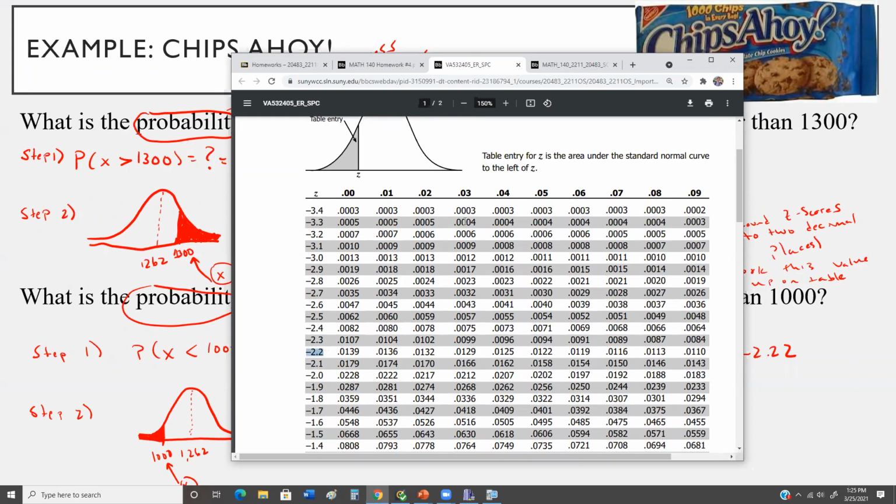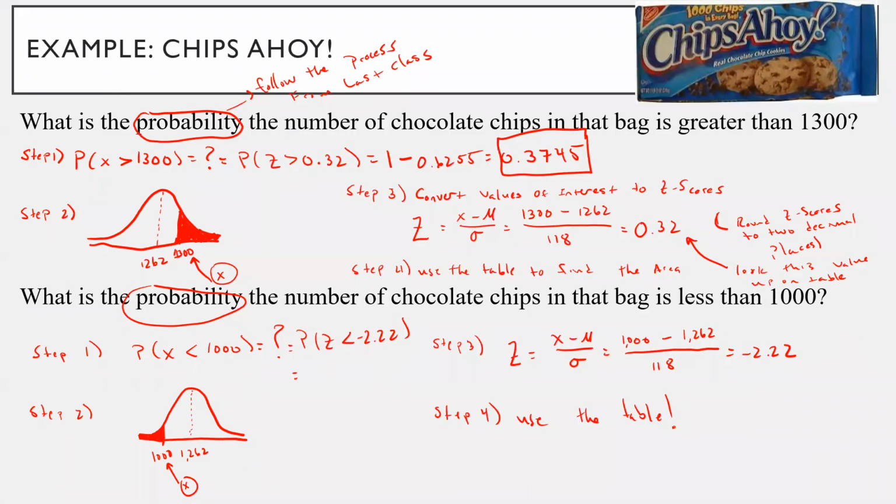So negative 2.2, and then the other digit is another 2. Do you see the answer 0.0132 there? How many people see that with me? Okay. Yep. So that's the answer, 0.0132.